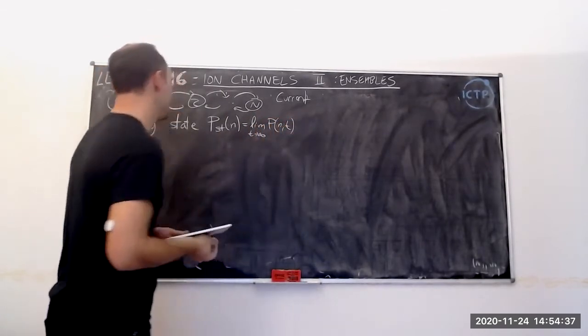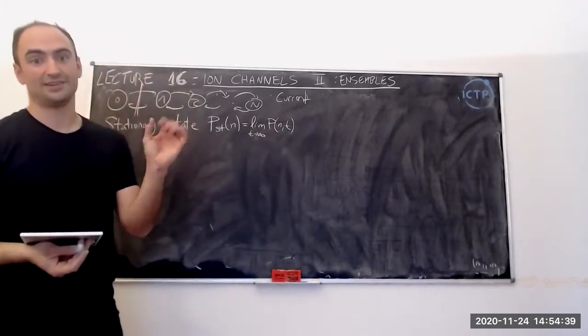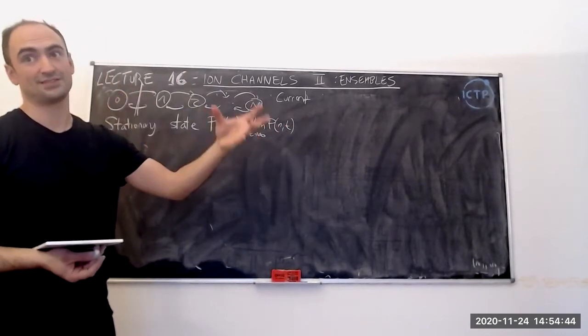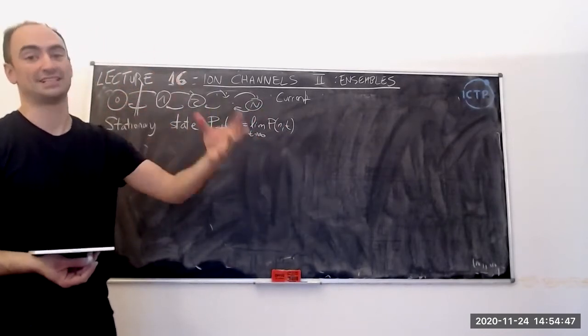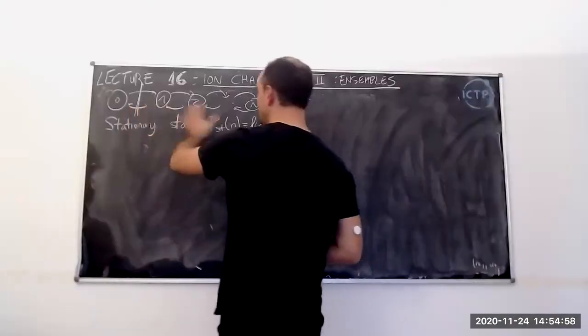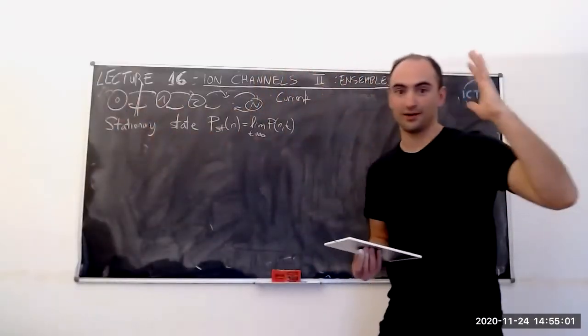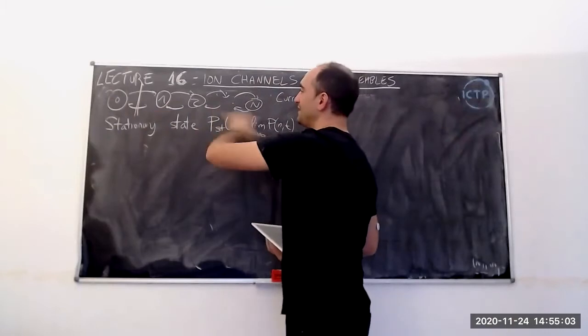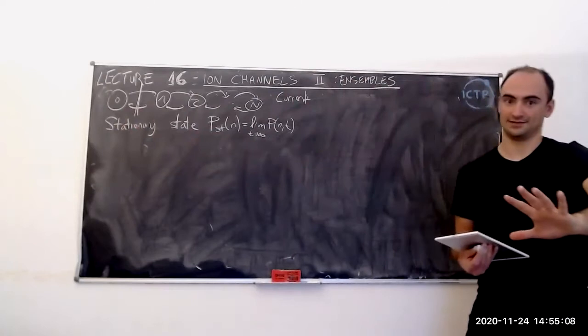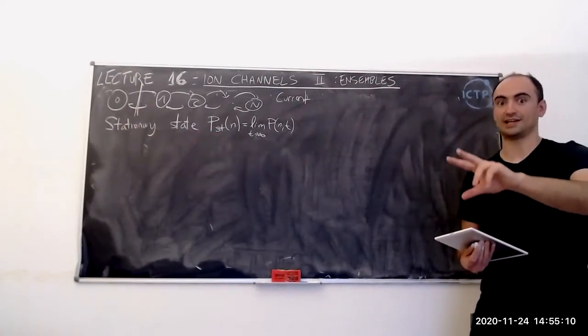Imagine I have the cell with one channel open, it starts opening and closing, and I look at a long time: what is the fraction of channels that are open and the fraction that are closed? Shouldn't the current be zero? Yes, exactly. Zero, because it is a line. If you think about a particle jumping, it will start jumping left and right, but in the end, the fluxes will balance. We are in a line. So this is like the two-state model that has no current in steady state.